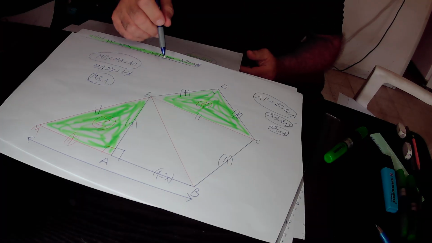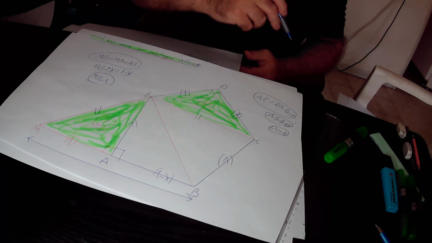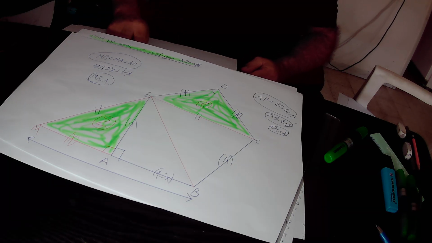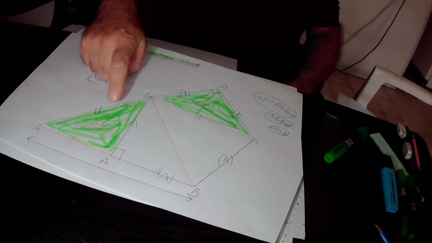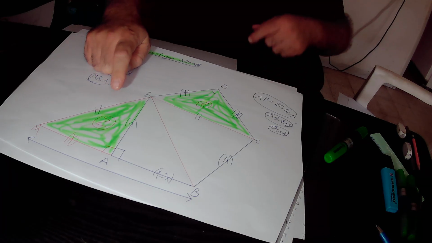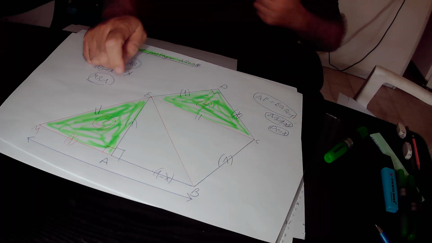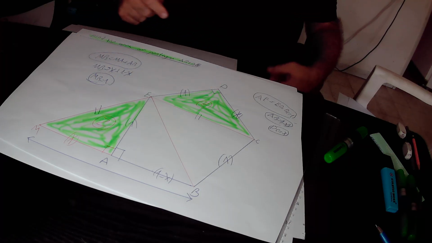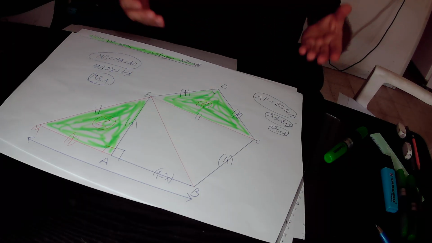But quadrilateral EMBC consists of two other shapes. It consists of this quadrilateral EMA and this quadrilateral ABCE. So the area of quadrilateral EMBC must be equal to the sum of the areas of the two shapes that it consists of.